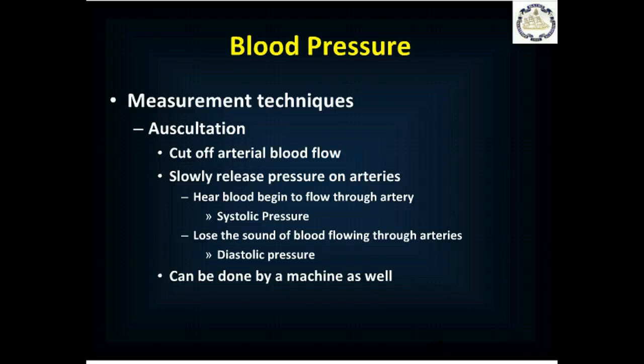Now, to measure blood pressure, the most common method is auscultation, and auscultation means to listen. And so what we do is we put on a blood pressure cuff, and that blood pressure cuff is attached to a little gauge, and the whole thing is called a sphygmomanometer. And that little gauge tells you how much pressure there is in millimeters of mercury inside the air bladder.